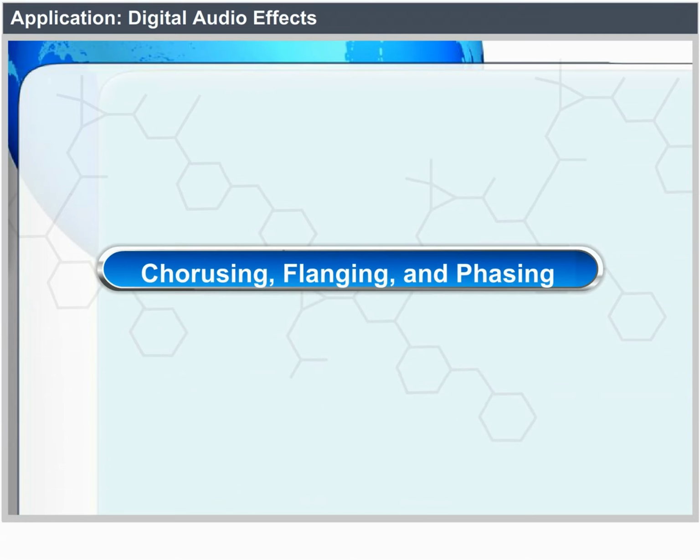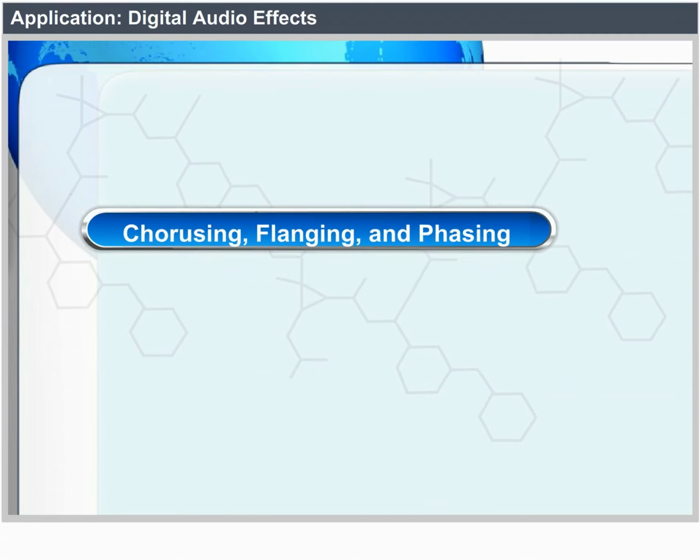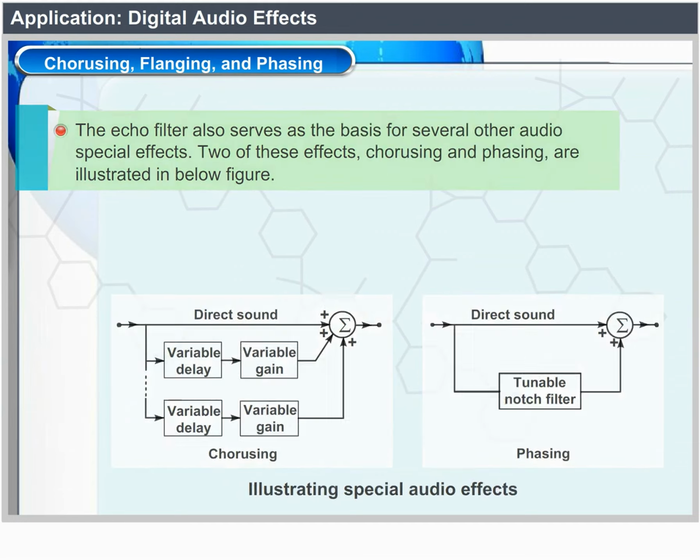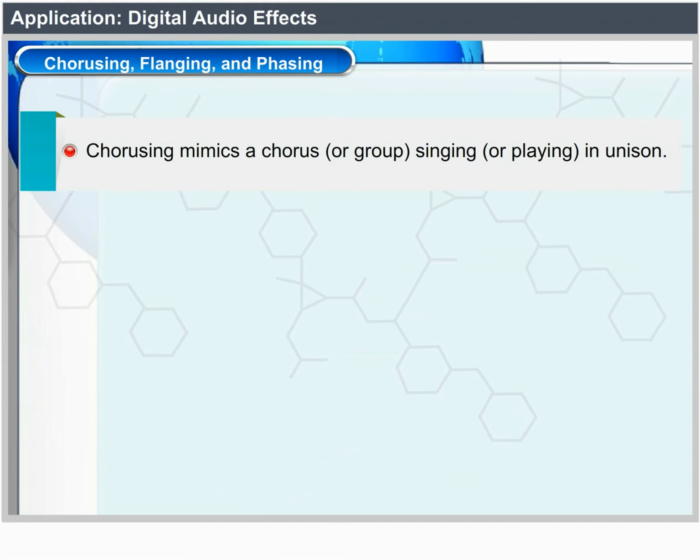Chorusing, flanging, and phasing. The echo filter also serves as the basis for several other audio special effects. Two of these effects, chorusing and phasing, are illustrated in the below figure. Chorusing mimics a chorus or group singing or playing in unison.